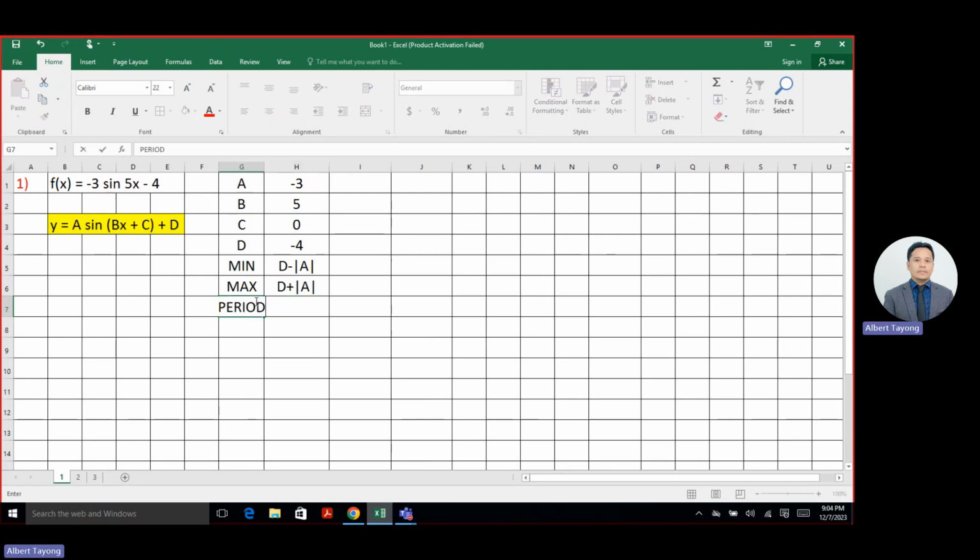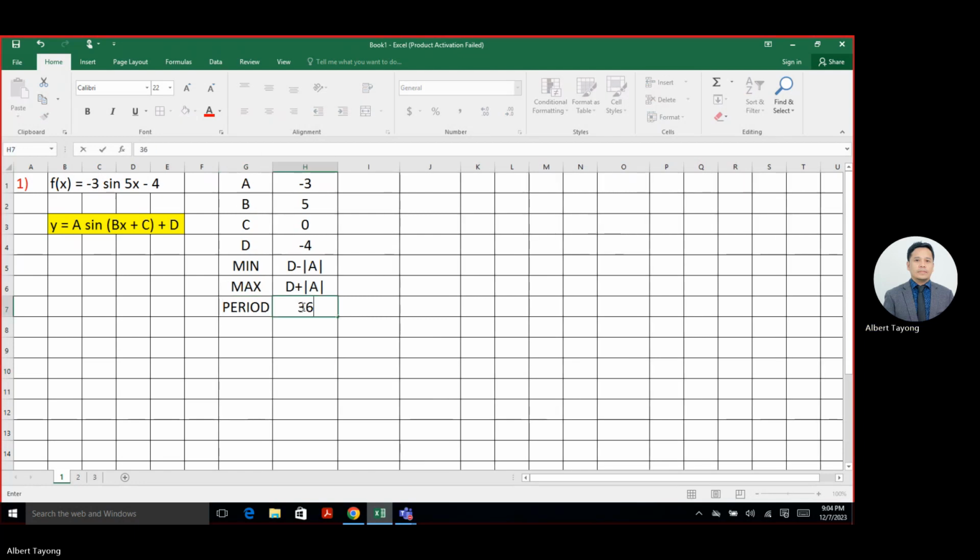And the period is equal to 360 divided by the absolute value of b. So our minimum is equal to -4 minus 3, because the absolute value of -3 is actually 3. So it is -7.